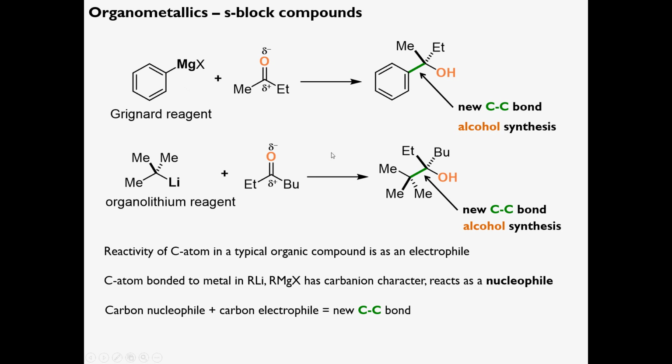And as we can see from the reaction product up here, we've got our carbon electrophile. Our carbon nucleophile must be our organometallic reagent, and the combination of these has formed the new carbon-carbon bond. So one question we should really have is, why do Grignards and organolithium reagents, or rather the carbon atom in a Grignard and an organolithium reagent, why does that carbon atom react as a nucleophile?